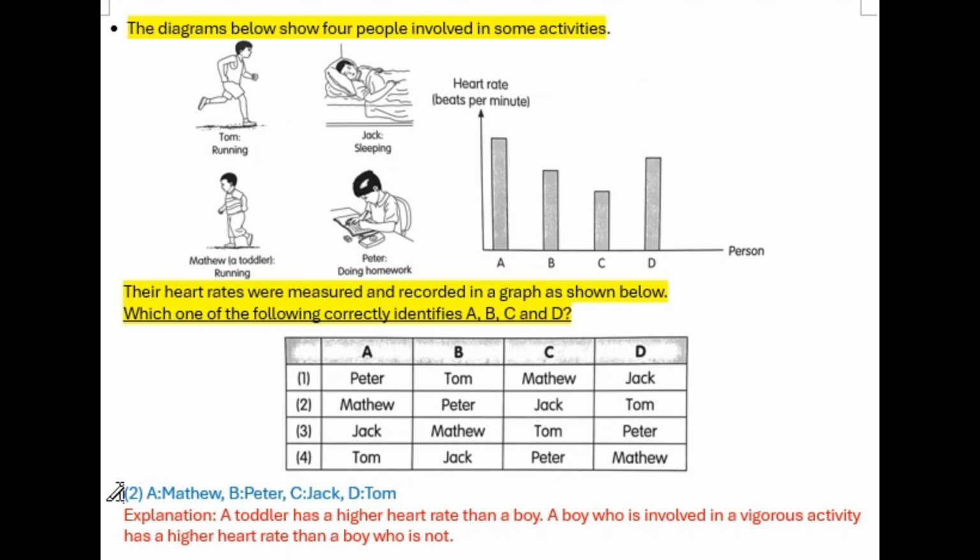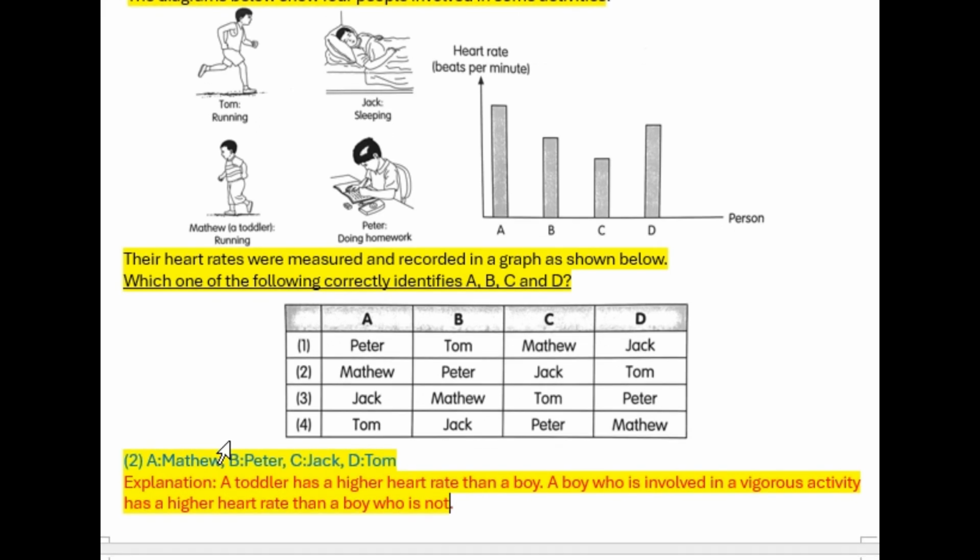A. Matthew, B. Peter, C. Jack, D. Tom. Explanation: a toddler has a higher heart rate than a boy. A boy who is involved in a vigorous activity has a higher heart rate than a boy who is not.